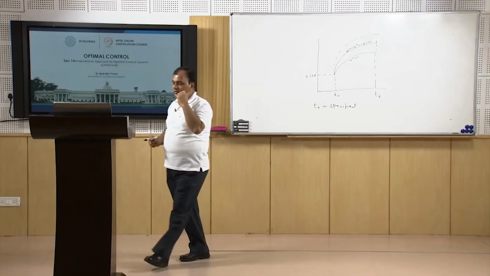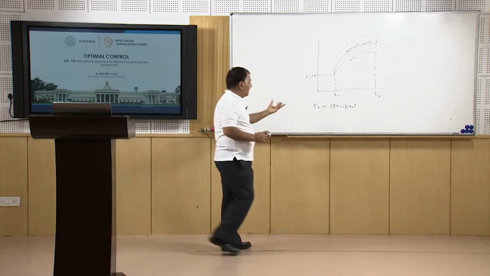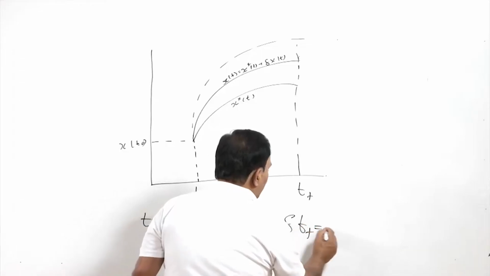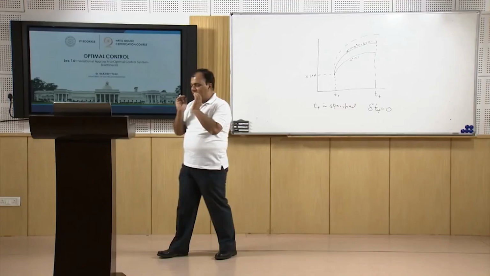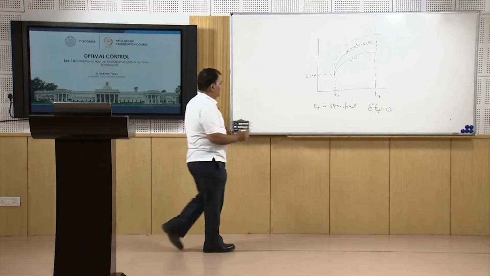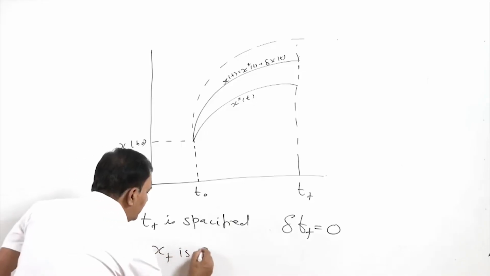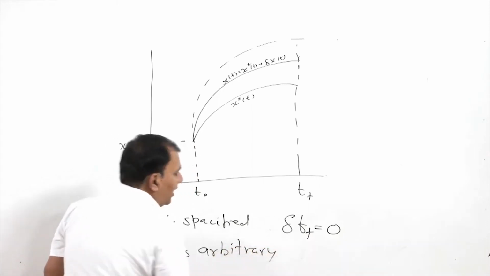So, in this case naturally TF is specified, delta TF will be 0 and delta XF is arbitrary.